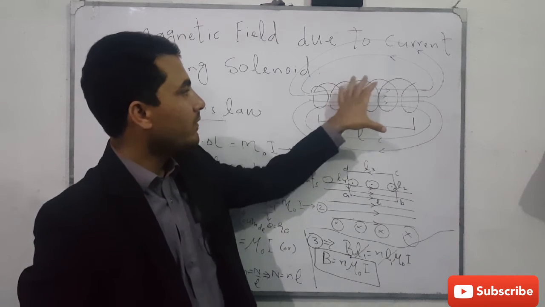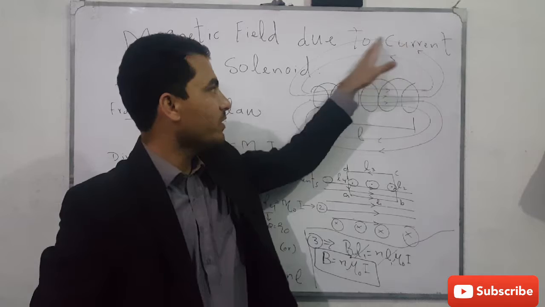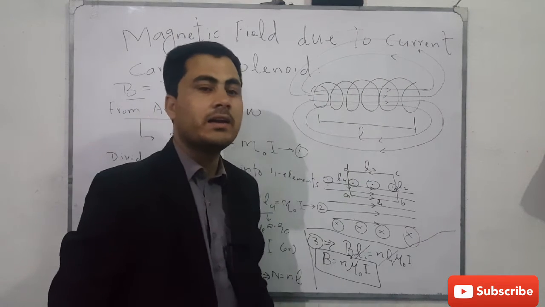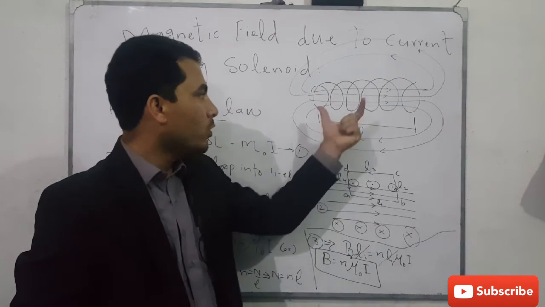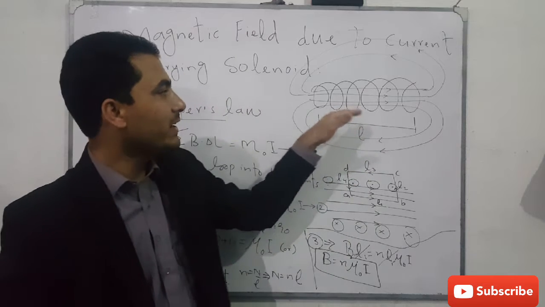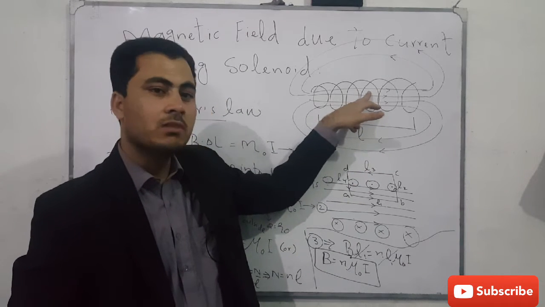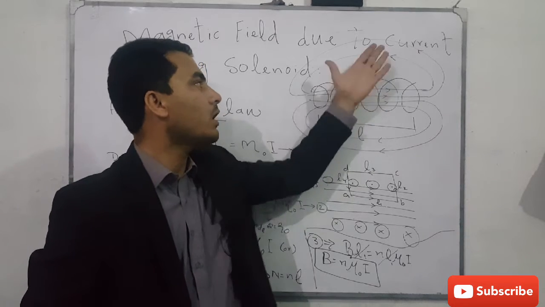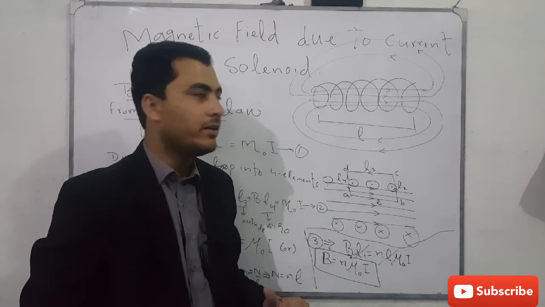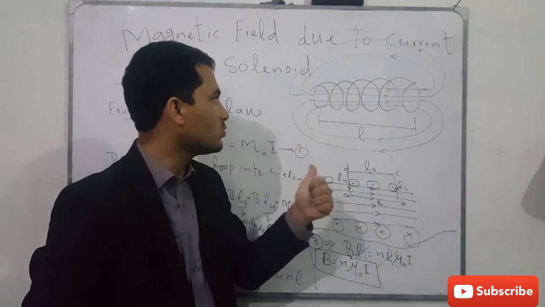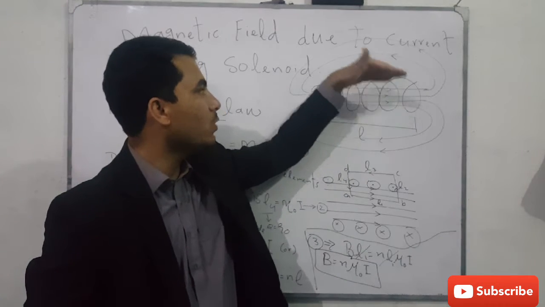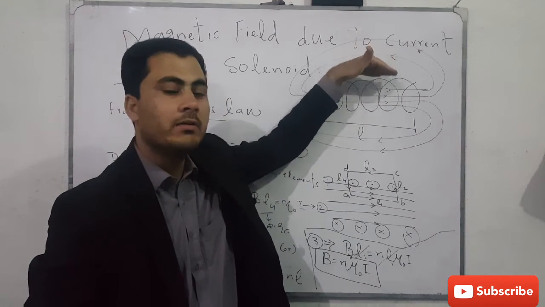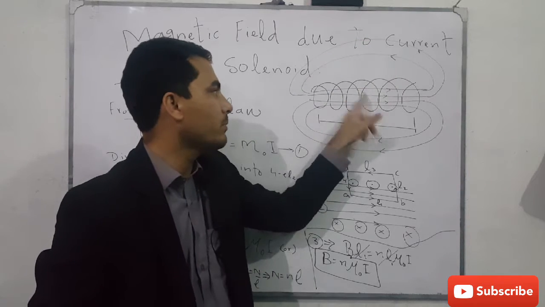You see here the shape of the magnetic field lines due to a current carrying solenoid. Notice that the magnetic field inside the solenoid is much stronger and uniform as compared to the outside, and the magnetic field outside the solenoid is very much weaker than the field inside.